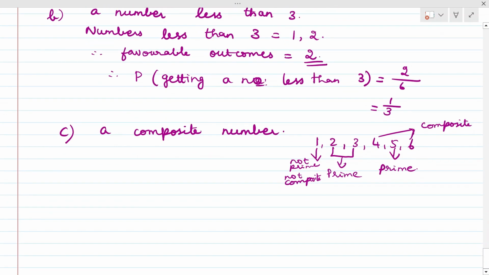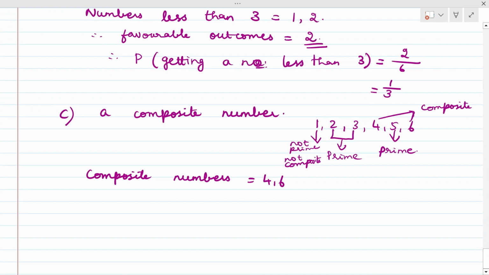Now we have found the composite numbers: 4 and 6, only these two. So the number of composite numbers is 2.